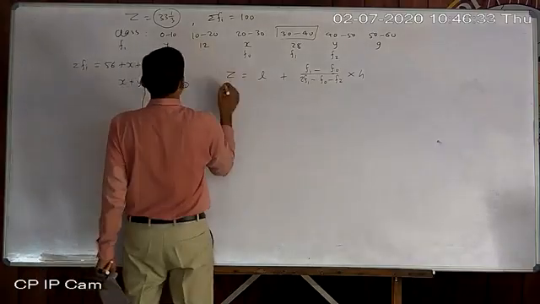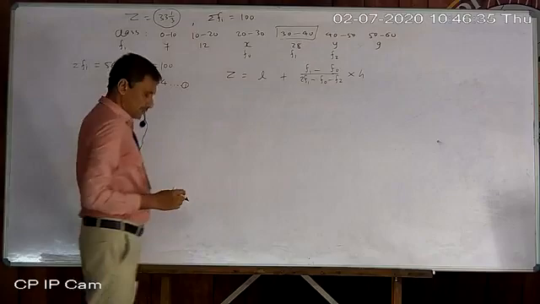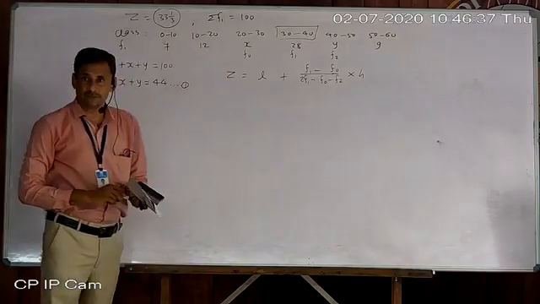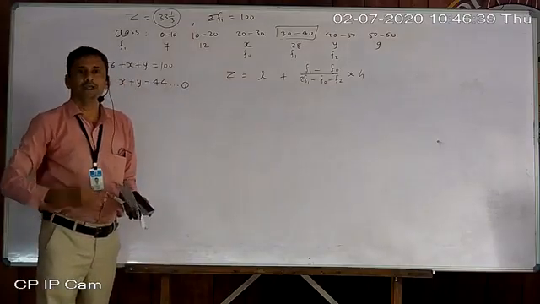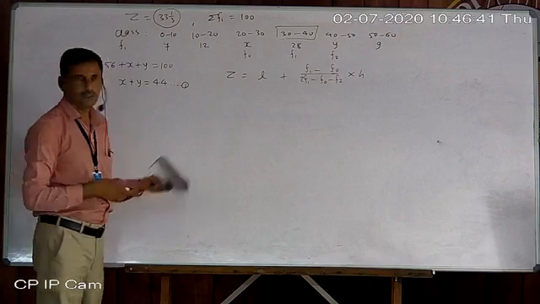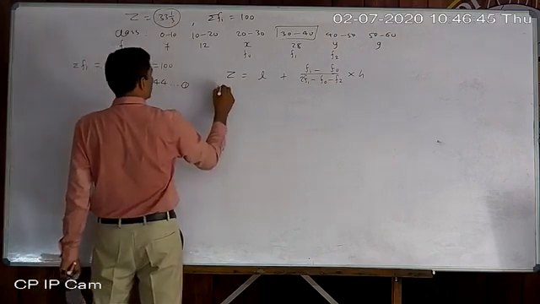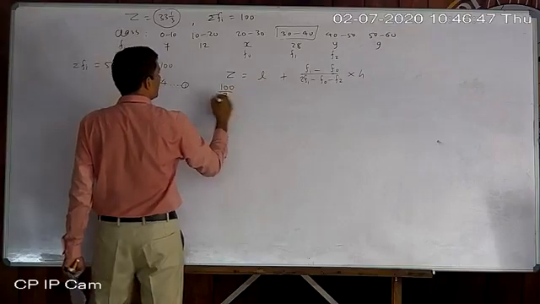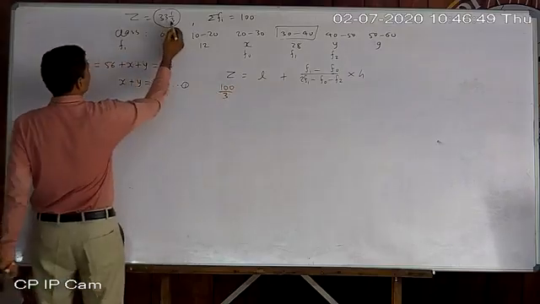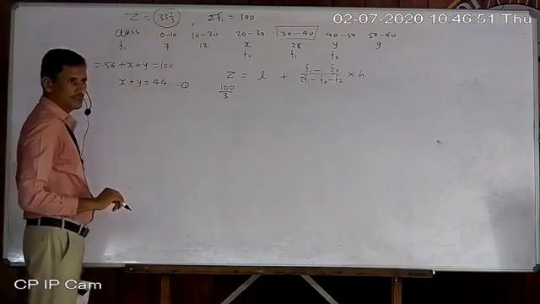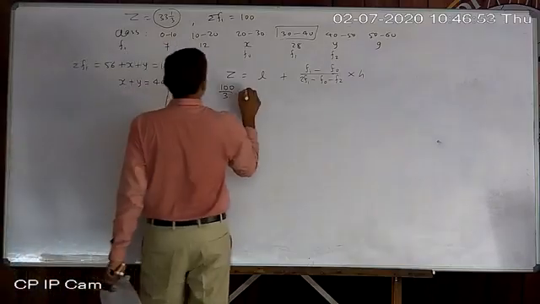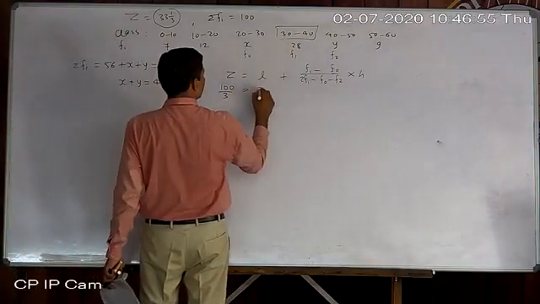So now place all values. Any value cannot be in mixed fraction. It should be in improper fraction only. So now 33 into 3, 99, plus 1, it becomes 100 by 3. How? 33 into 3 plus 1, 100 divided by 3. L is 30. Why is L 30?